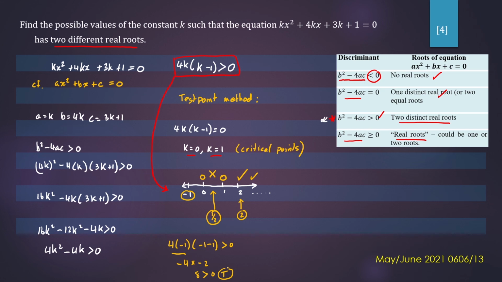This is true. Negative 1 is true, and you will find that negative 2, negative 3, and so on will also be true. So the result from this number line will tell us that k can be greater than 1, or k is going to be less than 0. And this is your final solution for k. Thanks for watching.